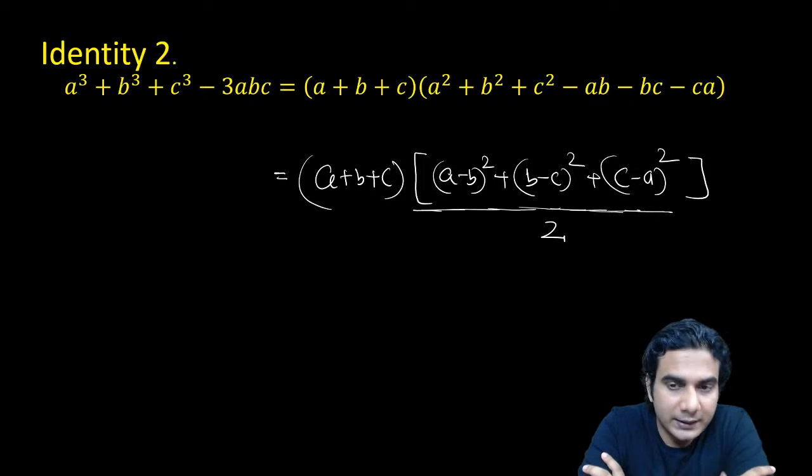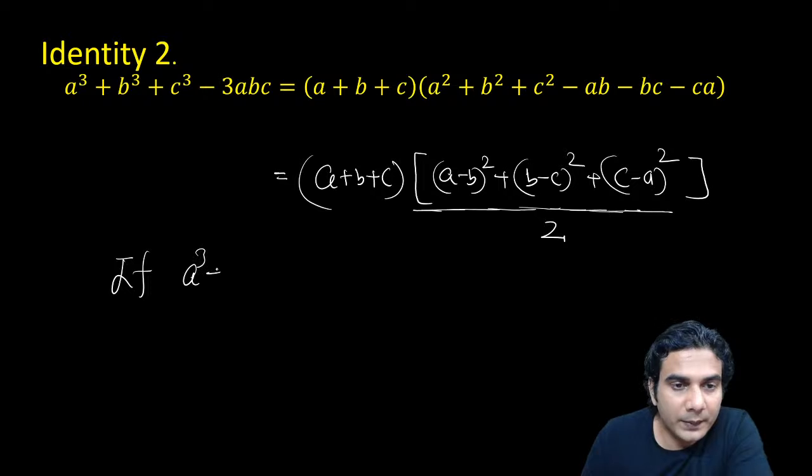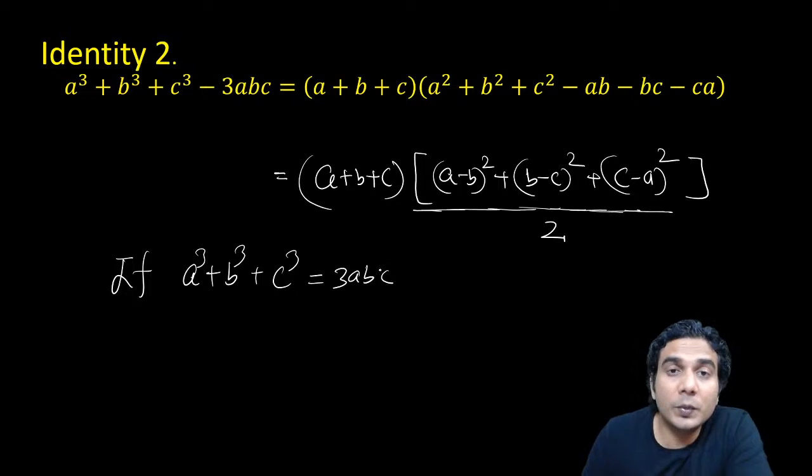Or I can say it like this: if a cube plus b cube plus c cube is equal to 3abc, what will be the result? That means a cube plus b cube plus c cube minus 3abc is equal to 0.